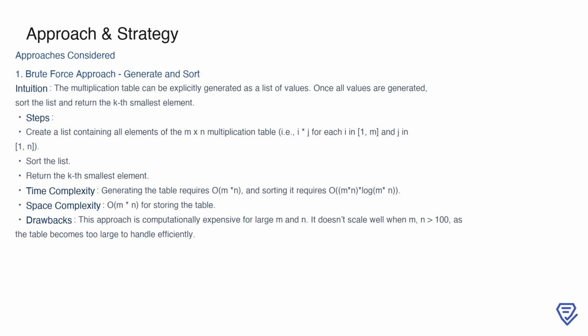Specifically, for large values of m and n, the table becomes enormous, and sorting it consumes significant computational resources. This results in a time complexity of O(m*n*log(m*n)) and a space complexity of O(m*n), making it impractical for larger inputs. In summary, while the brute force method works, it doesn't scale well for larger tables, which is why we need a more optimized solution.